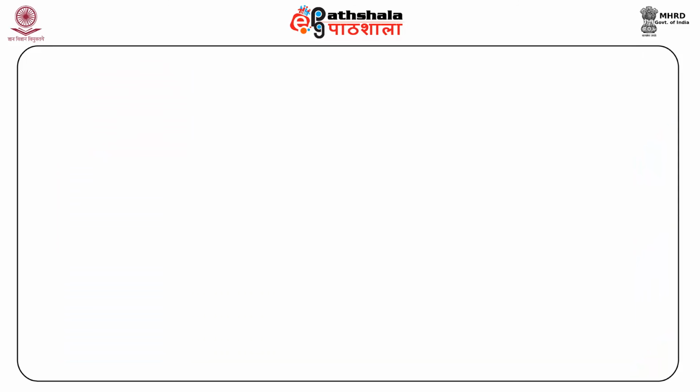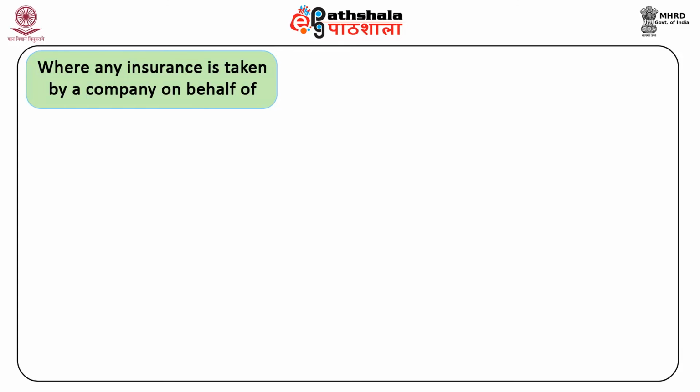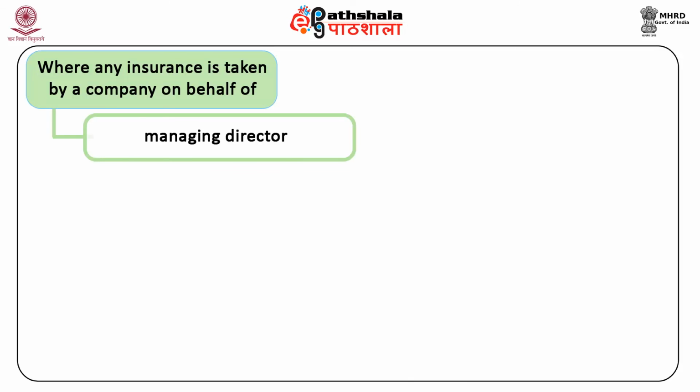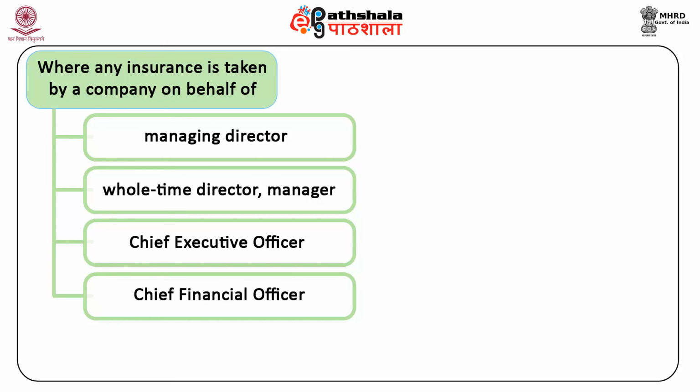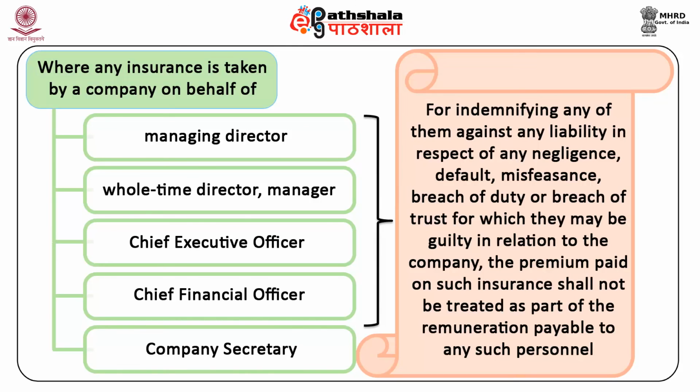As per section 197 subsection 13, where any insurance is taken by a company on behalf of its managing director, whole-time director, manager, chief executive officer, chief financial officer, or company secretary for indemnifying any of them against any liability in respect of any negligence, default, misfeasance, breach of duty, or breach of trust for which they may be guilty in relation to the company, the premium paid on such insurance shall not be treated as part of the remuneration payable to any such personnel.